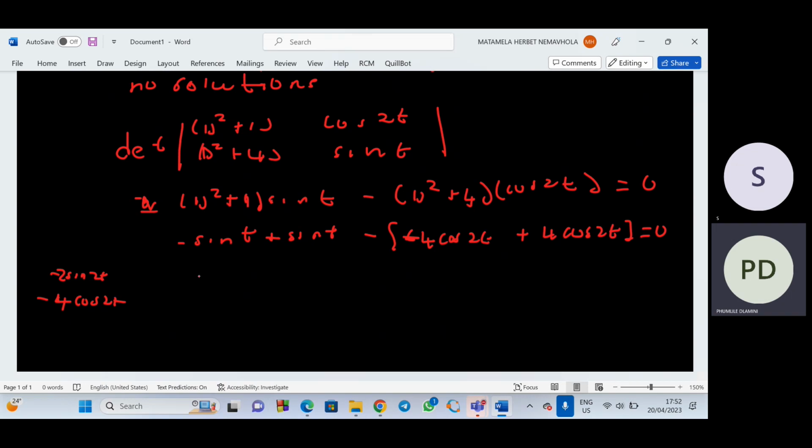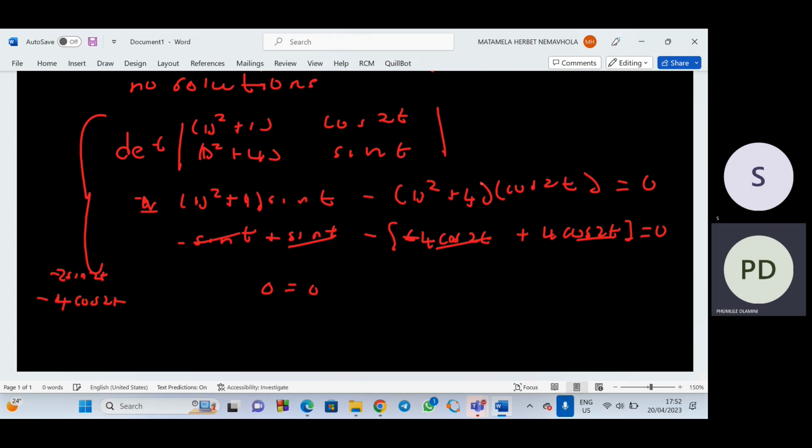Here you can see that this minus this one and also this one gives you 0. If we put plus here, this negative times this one is plus and minus, and it still gives 0 equals to 0. So you can also use this method.